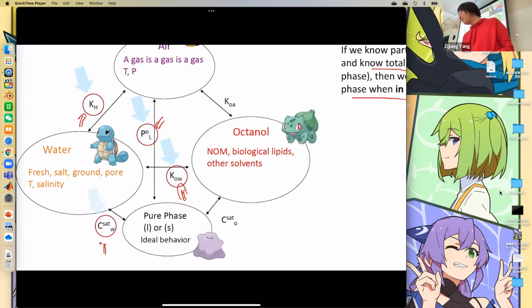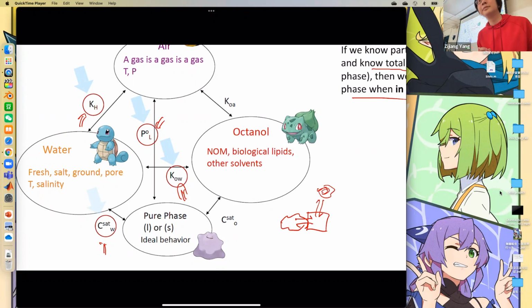Some of it can be released in the gas phase, and we may also assume there's a water phase. We have the organic phase here, and we have the water phase here. The organic phase is in equilibrium with the water phase, and the water phase is in equilibrium with the gas phase. So we can use this to calculate its corresponding concentration in the gas phase.